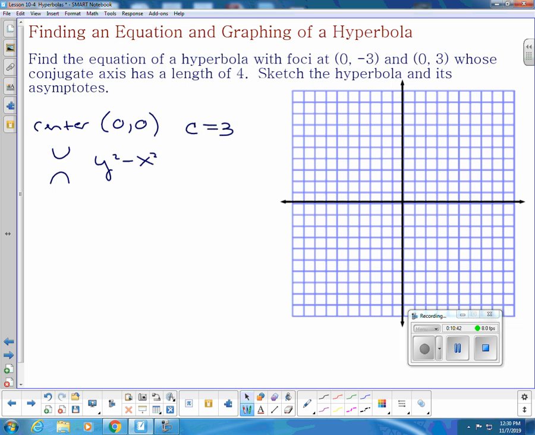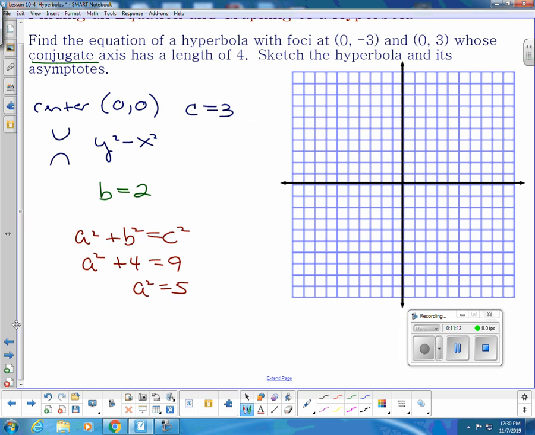And then they tell you the conjugate. Conjugate relates to the b value. The conjugate length is 4, so what's b? 2. So I have a b and I have a c. I need an a. So a squared plus b squared equals c squared. So a squared equals 5.